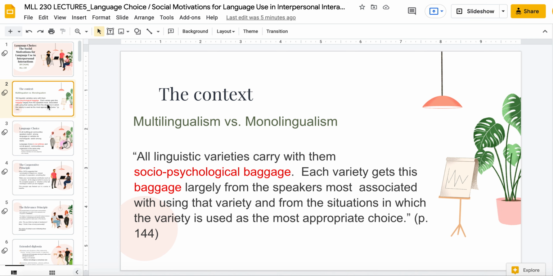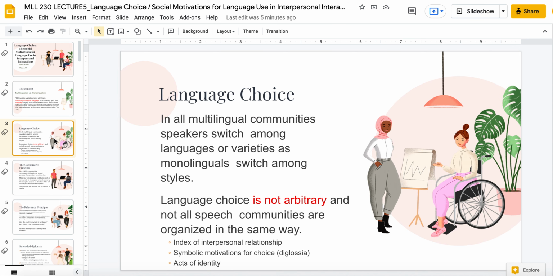So, for the most part, when you use a language, you are making a choice, right? And linguists would say that it is not random that you are using this language, especially in a multilingual instance. In a community in which speakers may switch between languages or varieties, or maybe are monolinguals, right?